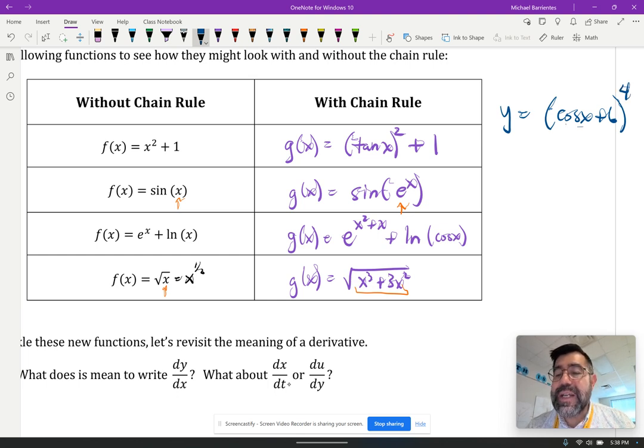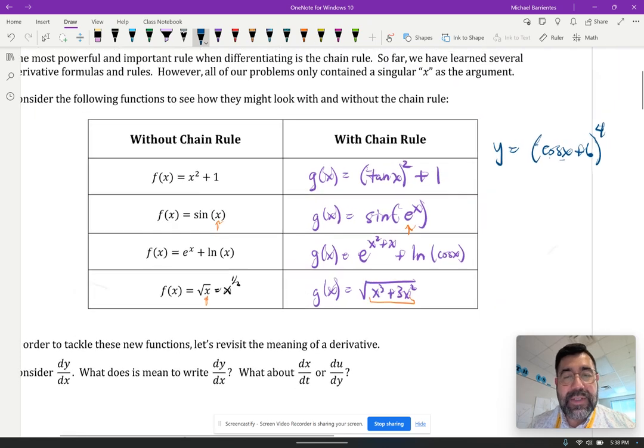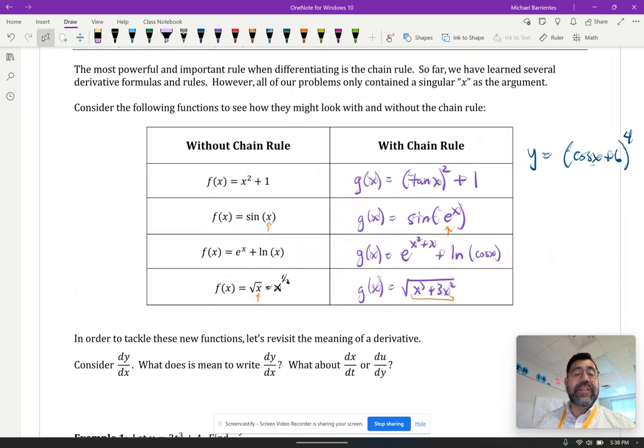Well, cosine x plus 6 is a whole function on its own that's inside of something to the fourth power, so it's inside of x to the fourth power. And so what we're going to find here is that the chain rule is going to help us find derivatives of composition situations where we have an inside and an outside function.